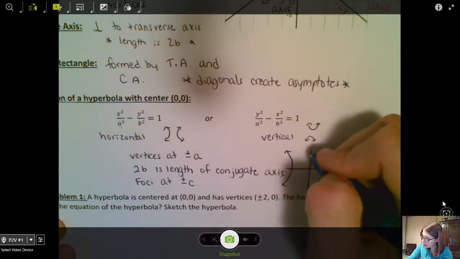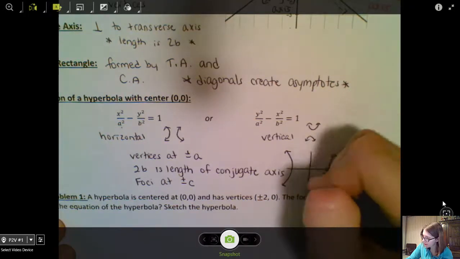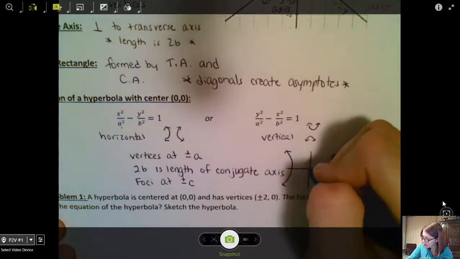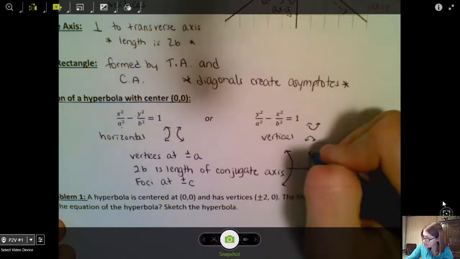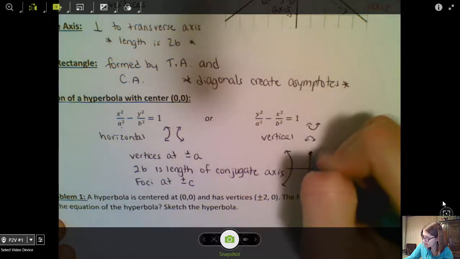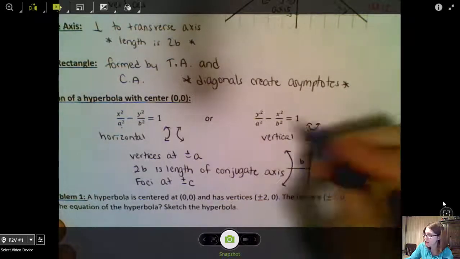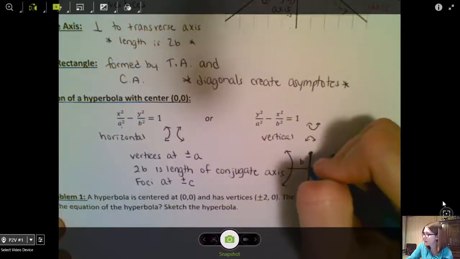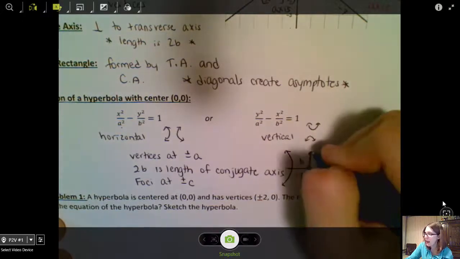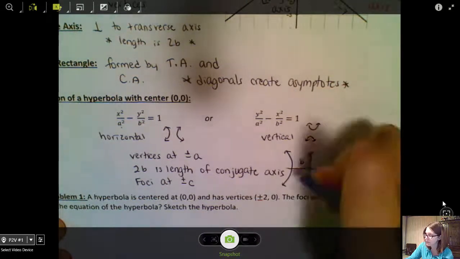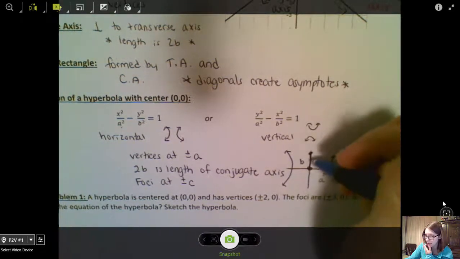My whole conjugate axis is 2b, so b tells us the length from the origin out to the end of my conjugate axis.